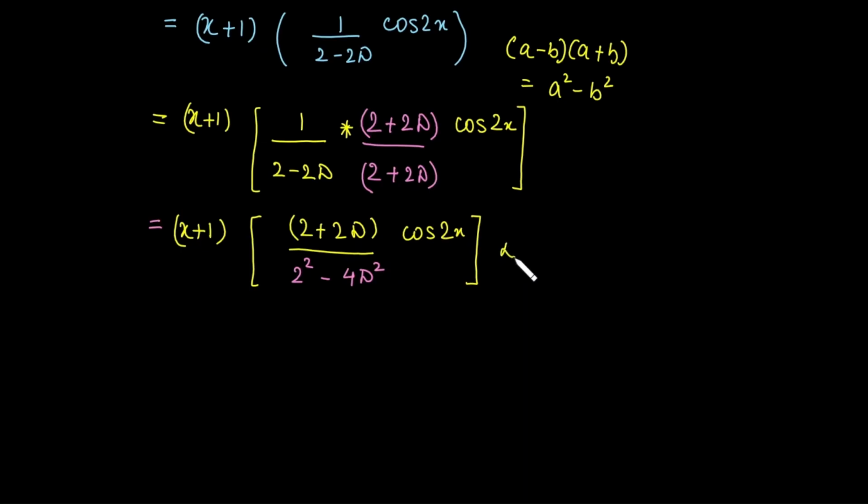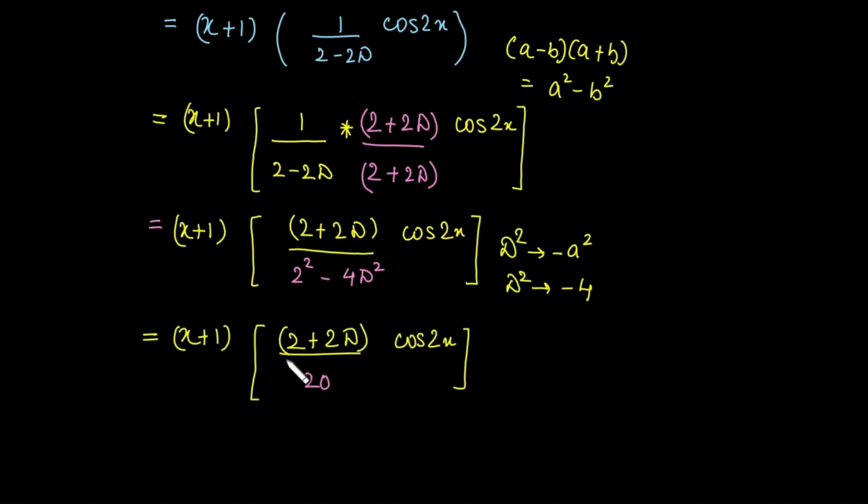Now D squared is replaced by minus a squared, where a is the coefficient of x, that is 2 squared. So we replace D squared with minus 4. Substitute the value of D squared as minus 4. We have the simplified form with 20 in the denominator. Now we can take 2 outside.